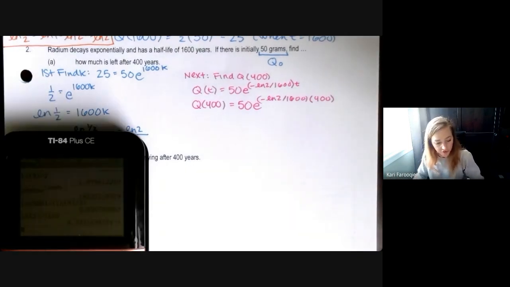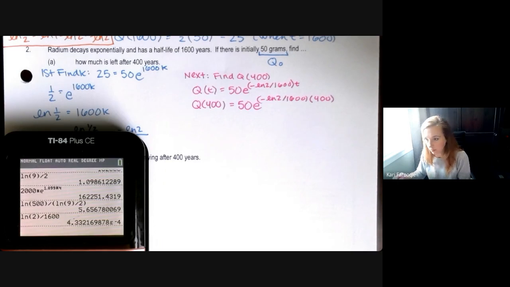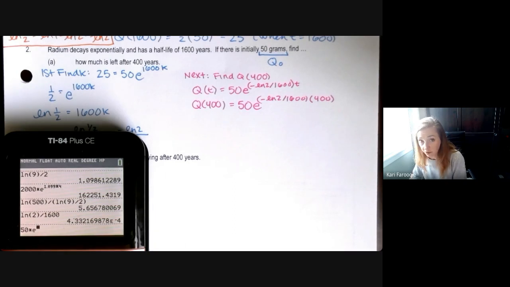Okay, so let's go ahead and plug this into our calculators. Once everything is exact, you can approximate your final answer. So just go ahead and enter this whole thing into your calculator. So this is going to be 50 times e to the, be very careful with how you enter this, negative ln 2, close the parenthesis, divided by 1600 times 400.